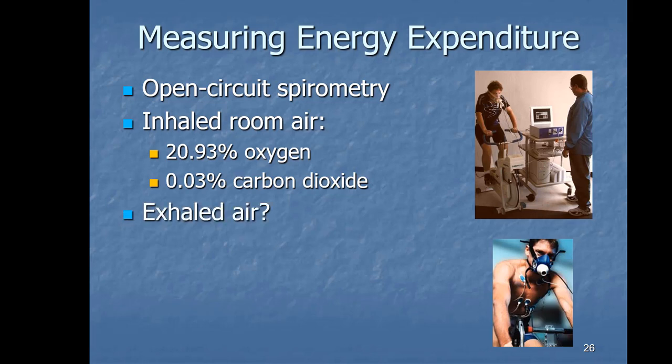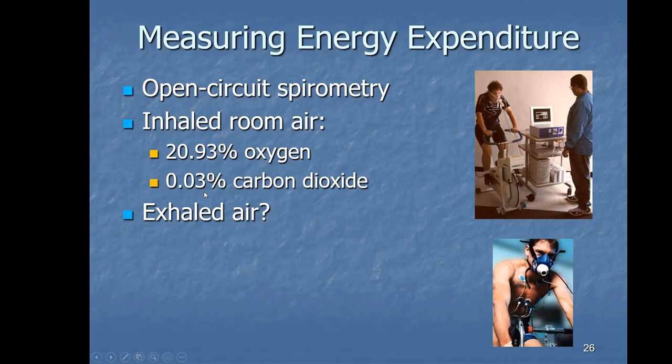So that's what you're breathing in during open circuit, and then what's exhaled goes into an analysis system. As you could imagine, the oxygen in expired air is going to be less than this, because your body's going to consume some of it, and that difference is going to represent the oxygen consumption. The CO2 will be the opposite.